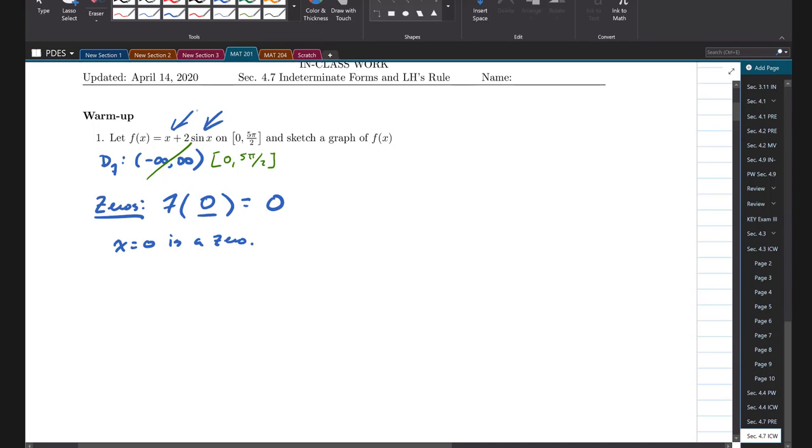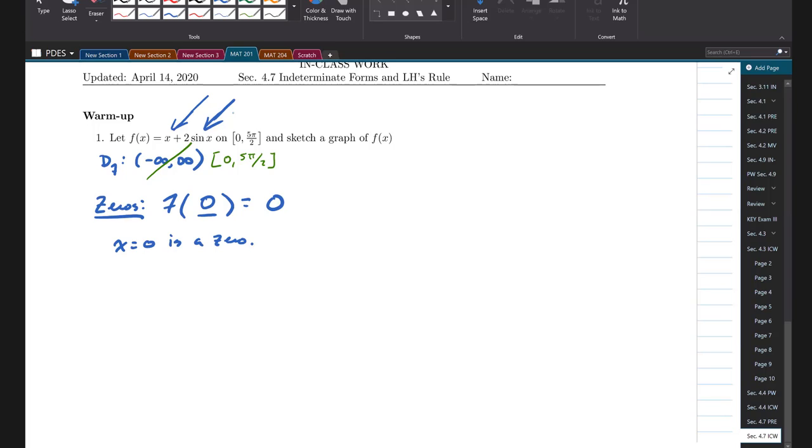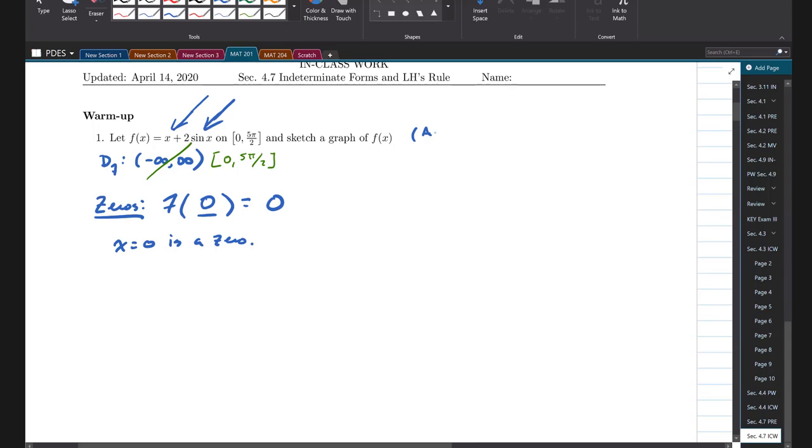This function stays increasing forever. Its derivative is always positive, the positive number 1. This function will eventually start decreasing, but it will never take you back down to the x-axis again. It never gets down low enough. You could make an argument on that if you wanted to, but for right now, let's just assume f has only 1 zero.